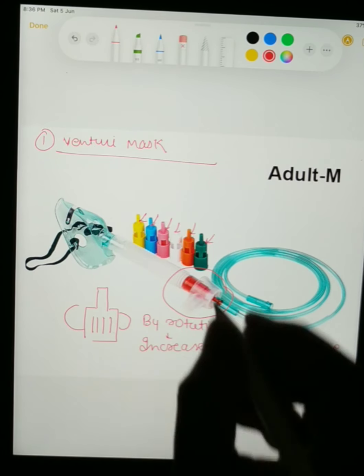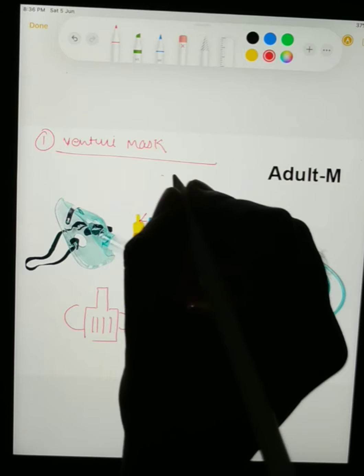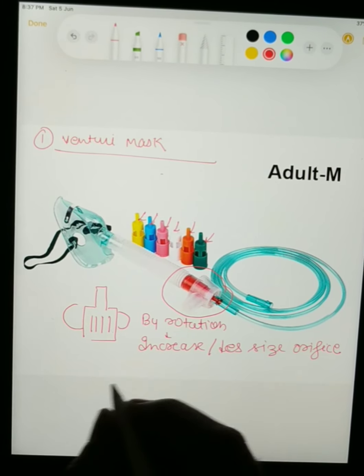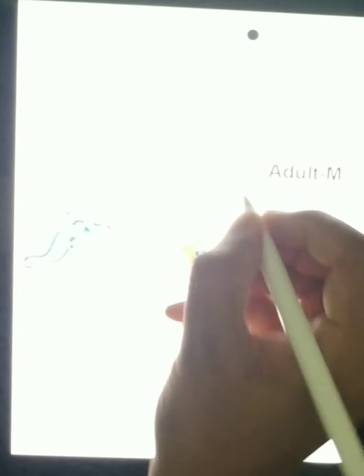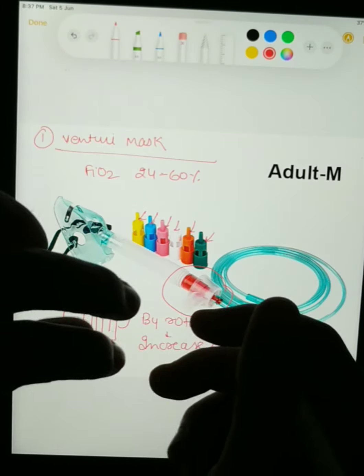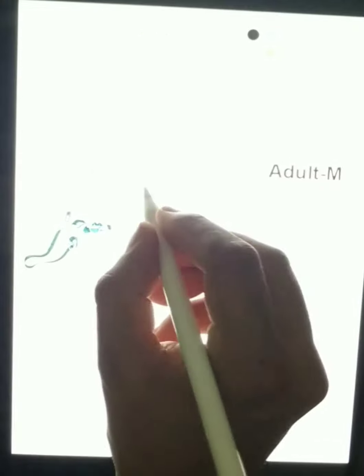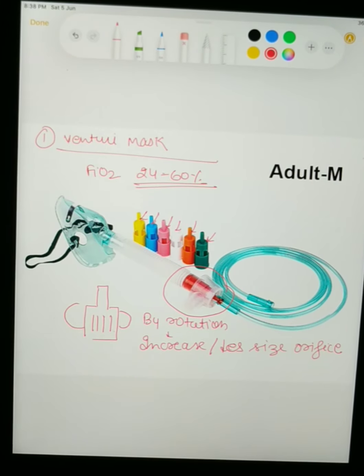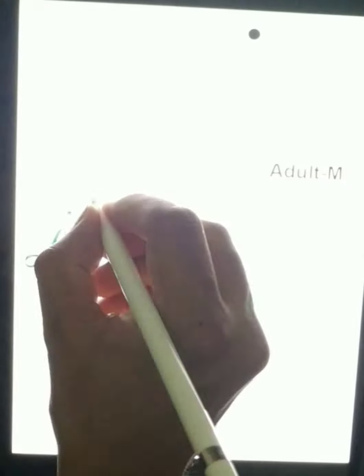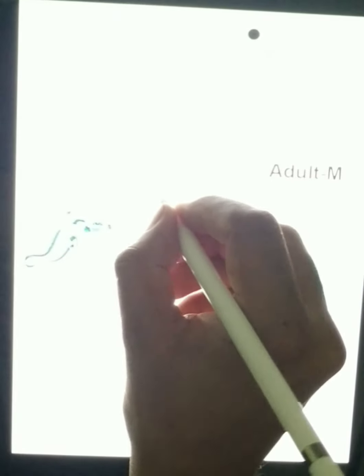The FiO2 provided by a Venturi mask is 24 to 60%, depending upon the size of the port. So by rotation we can increase or decrease the size of the port, and so change the FiO2. Flow through a Venturi mask can be 40 to 60 liters per minute.